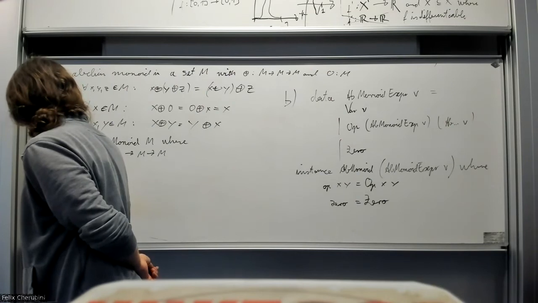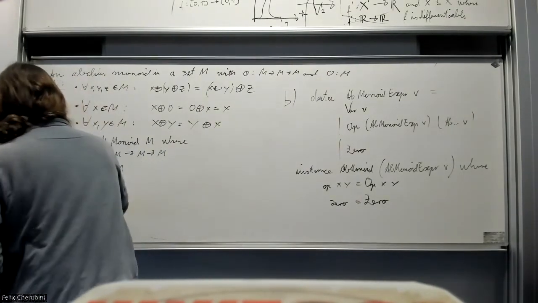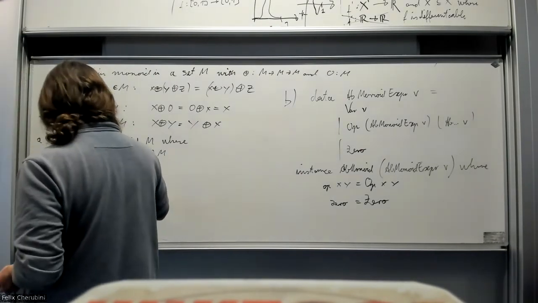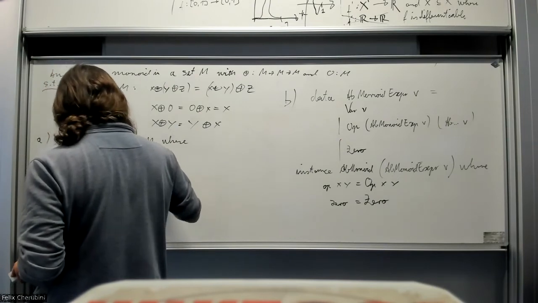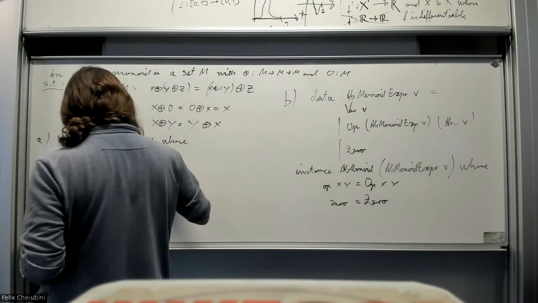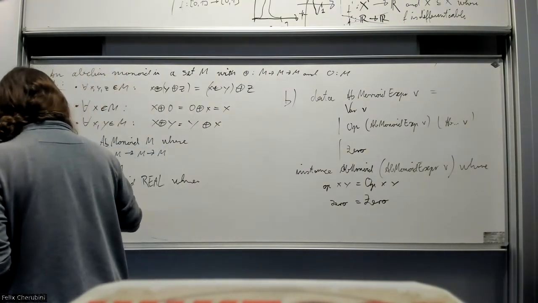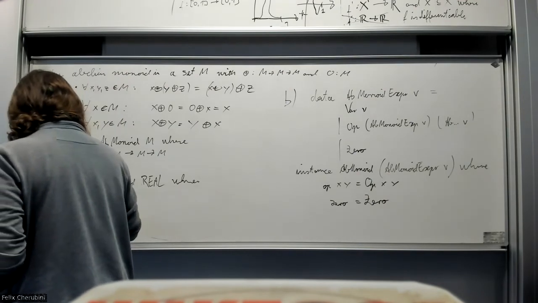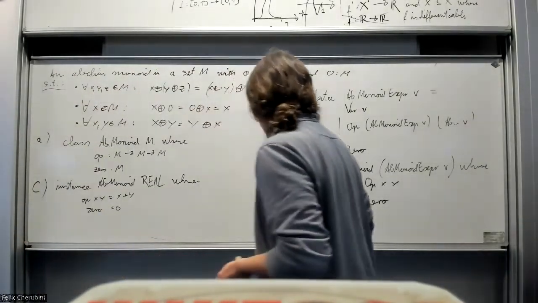So I guess I can just write it in Haskell syntax. Instance up monoid real, where op x y is just x plus y and 0 is 0. Good.